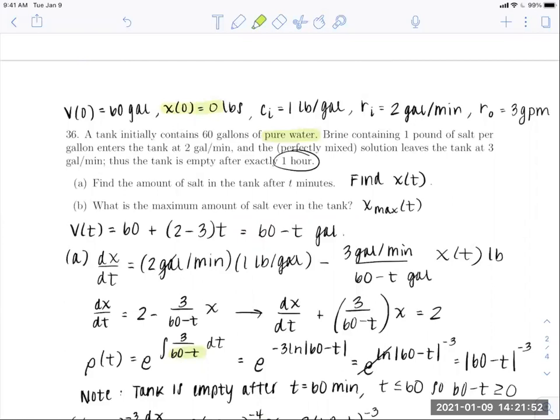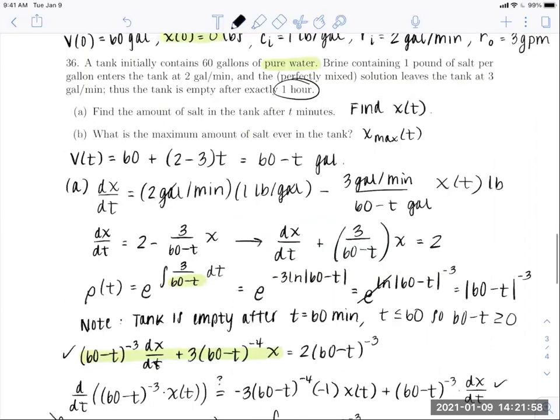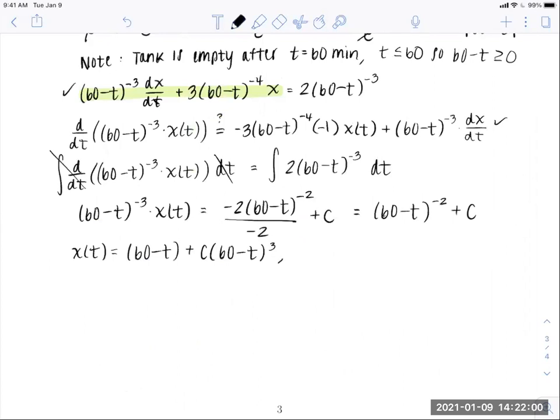So that means that there was no salt in the tank to begin with. So our amount of solute was 0 at time t equals 0. So I'm going to say that x of 0 equals 0, which would make this 60 plus c times 60 cubed. So what do I have here?